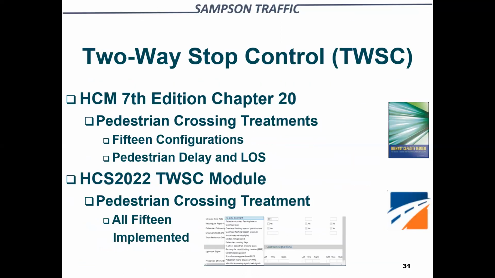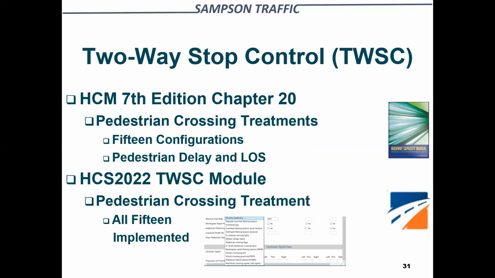Two-way stop control, as I've mentioned, has 15 different implementations. It's a little bit harder to read in here, but you see these different crossing configurations, and I'll just read them to you.